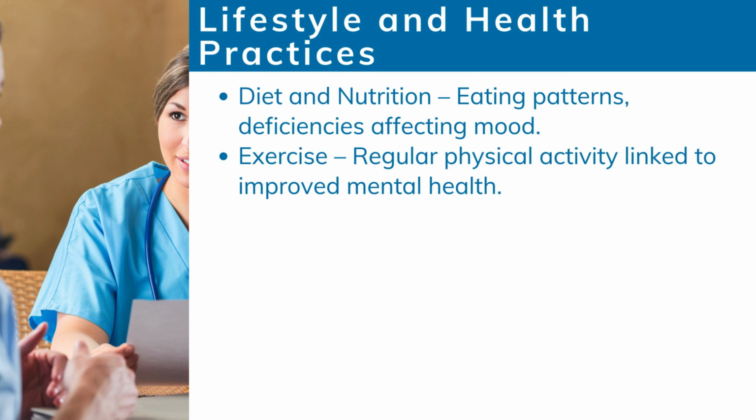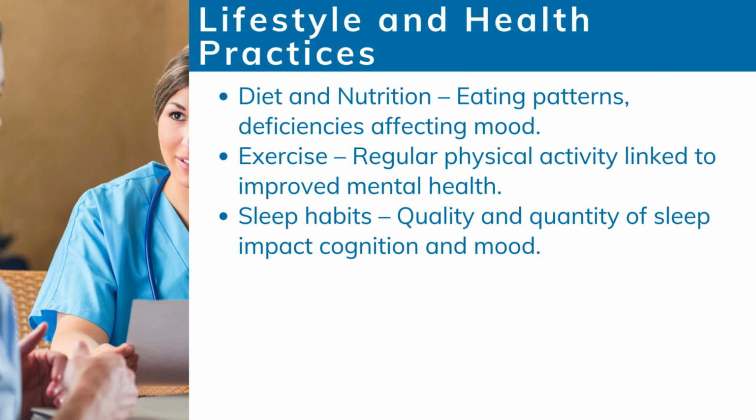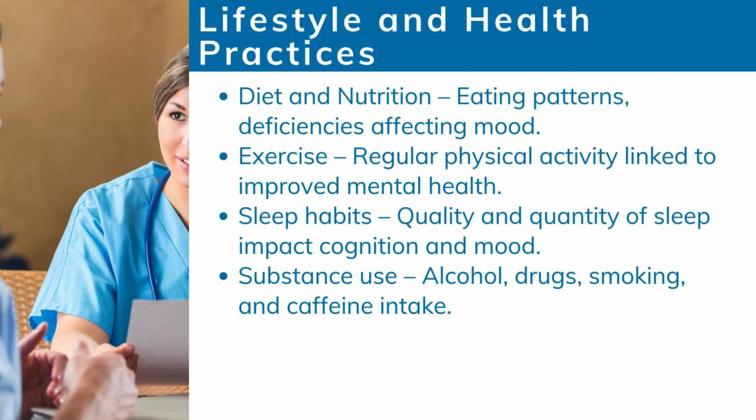Regular physical activity has been shown to reduce stress, anxiety, and depression. Sleep habits. Insufficient or poor quality sleep impacts cognitive function and emotional well-being. Substance use. Alcohol, drugs, smoking, and even caffeine intake can alter mental health.